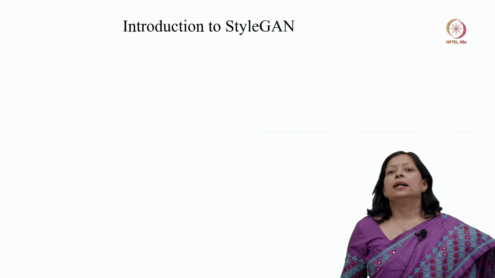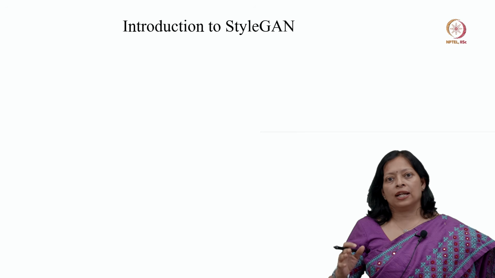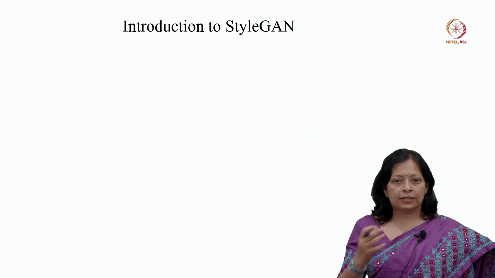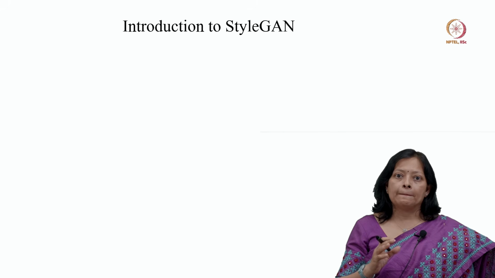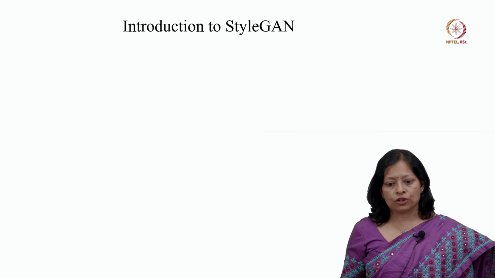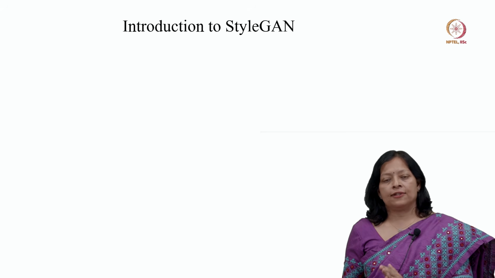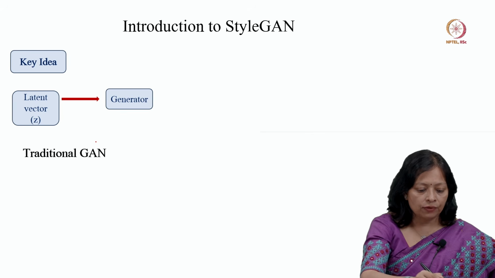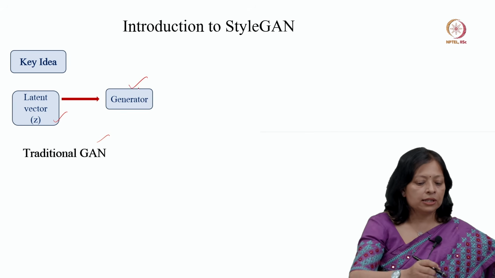Now, the requirement or the motivation for getting independent control over the various attributes of the human face was the main motivation for the introduction of Style GAN. So, we will look into what this Style GAN is, and how its architecture is different from traditional GAN. In traditional GAN we have latent vector Z which goes to the generator.